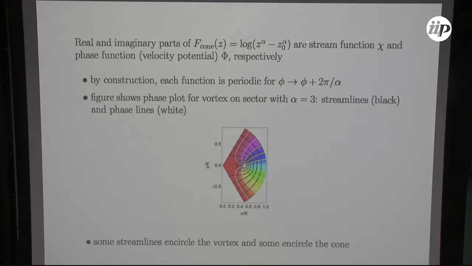In particular, you can take the imaginary part, which gives you these colors on a sector. This is opening angle 2 pi over 3. The white lines are the lines of constant phase, and the black lines are the stream function. So you immediately can visualize the flow, and you see some streamlines go around the vortex, and some streamlines go around the cone, just like the cylinder.